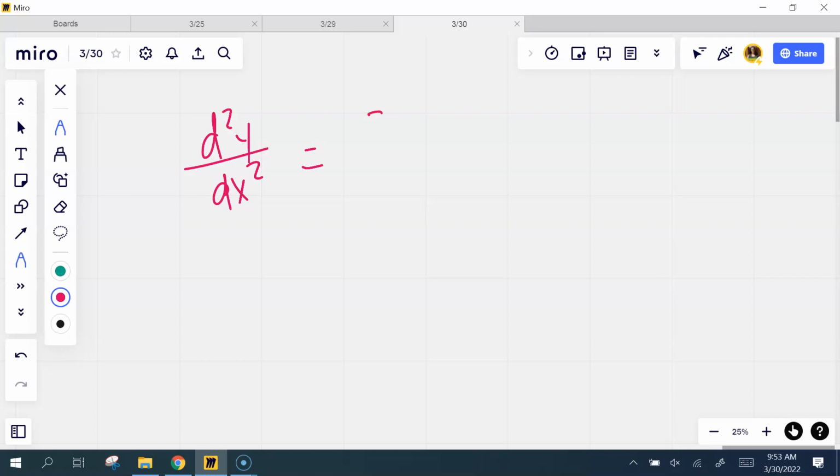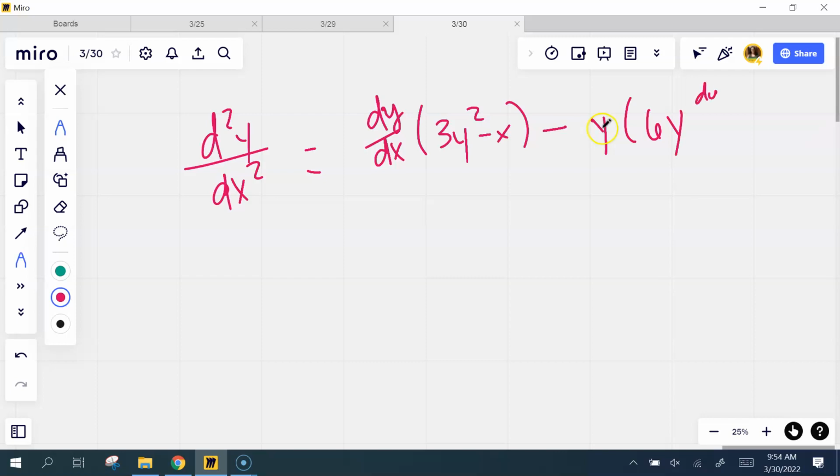So it's the derivative of the top, dy dx, times the bottom, minus the top times the derivative of the bottom, 6y dy dx minus 1.